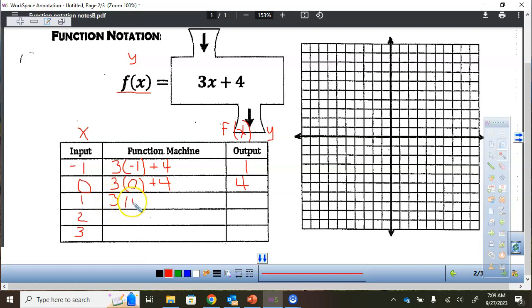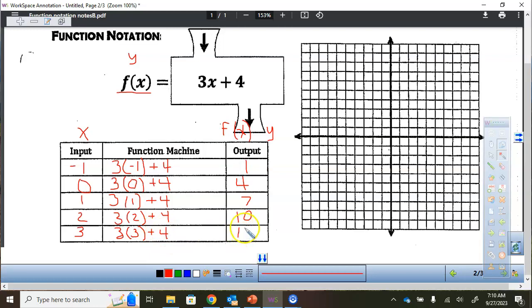So 3 times 1 plus 4 would give me 7. And input 2: 3 times 2 plus 4 would give me 10. And then I will do it one more time. 3 times 3 plus 4, and that will give me 13.